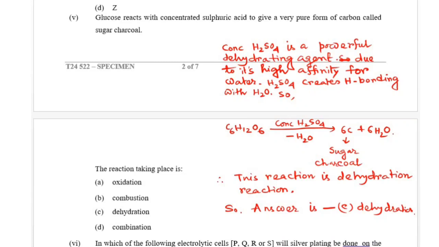Now, this concentrated H2SO4 absorbs moisture, water, from glucose, and sugar charcoal remains. So this type of reaction is called a dehydration reaction. So the right answer is option C, dehydration. Let us move to the next question.